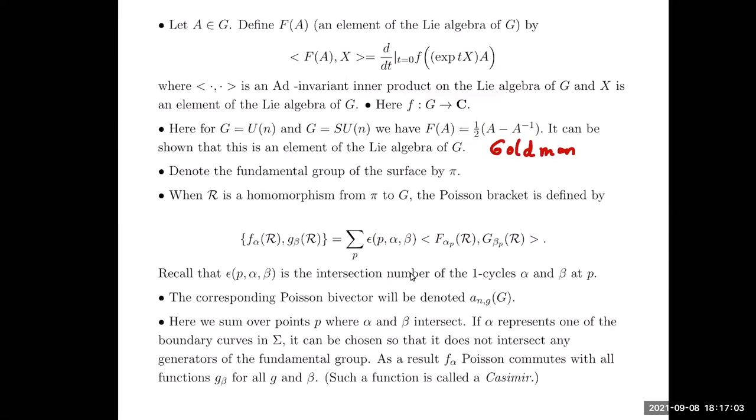So again, denote the fundamental group by pi. And R is still a representation. So the Poisson bracket of F_alpha of R and G_beta of R is given by a sum of these terms weighted with the intersection numbers. This result is due to Goldman.